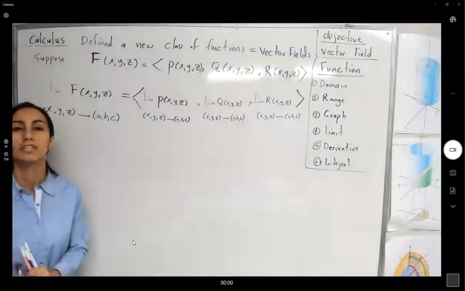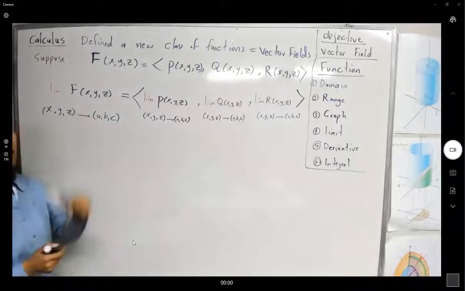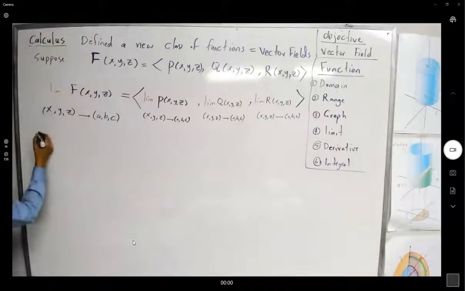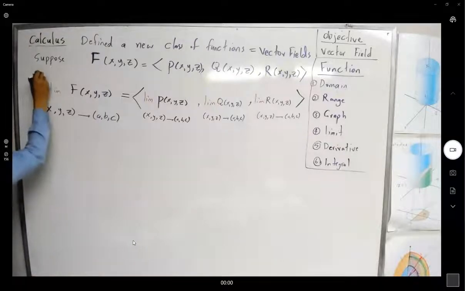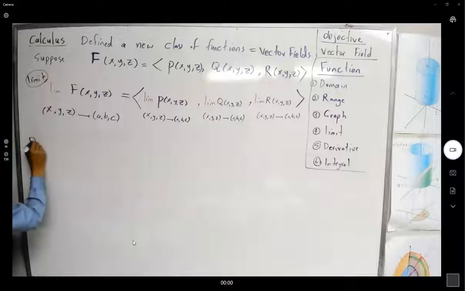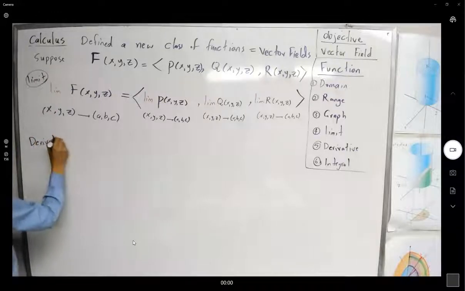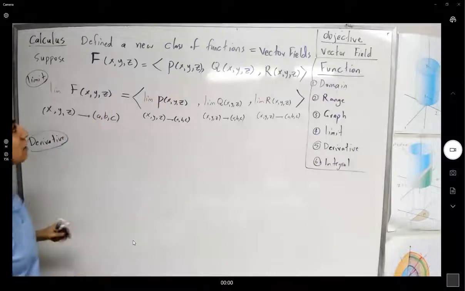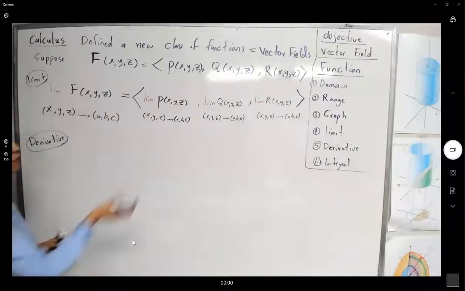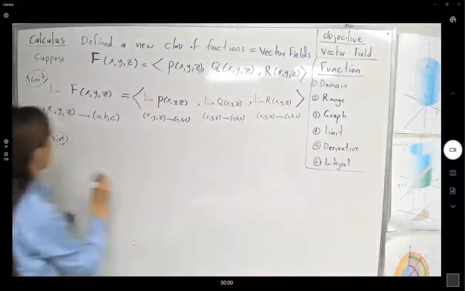What about the derivative of a vector function, a vector field? So this is the limit, then the derivative. To find the derivative of your vector field, you're going to take the derivative of each of these components.